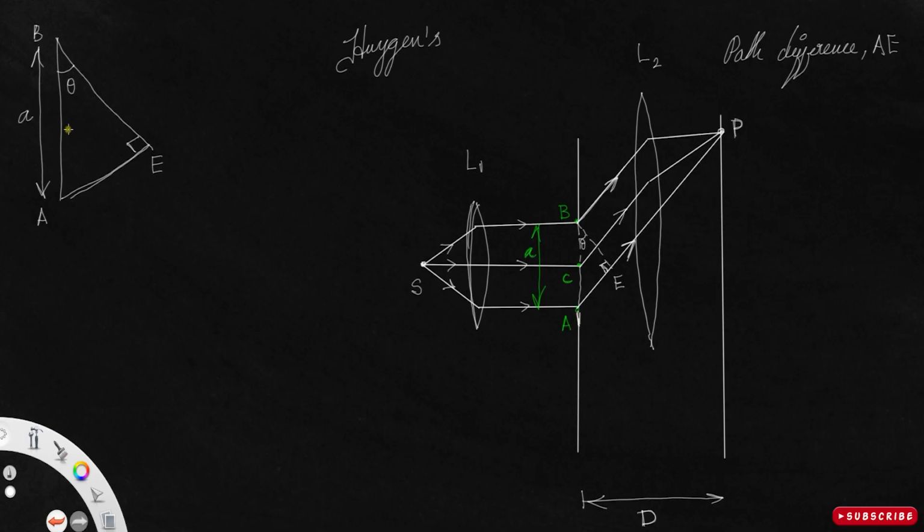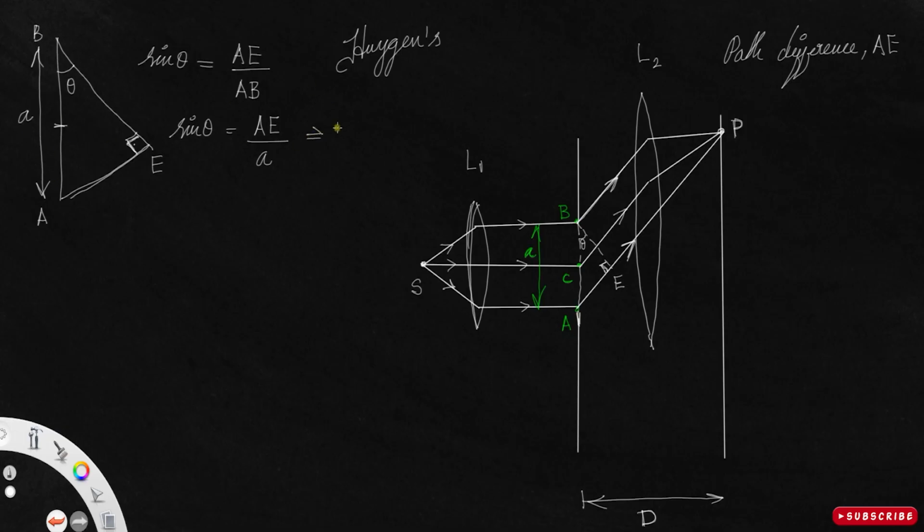Now, if we need to find an expression for the path difference AE, let me consider sine theta. Sine theta is equal to the opposite side, that is AE, divided by the hypotenuse. The hypotenuse is just opposite that of the 90 degree angle. So this is the hypotenuse. That is, sine theta is equal to AE divided by AB.